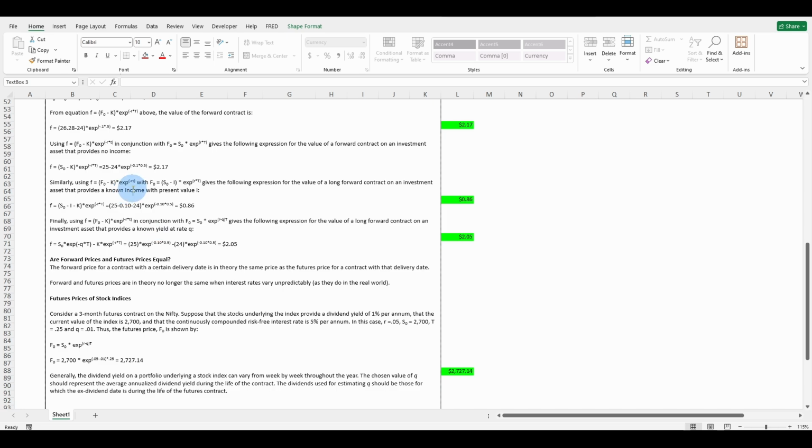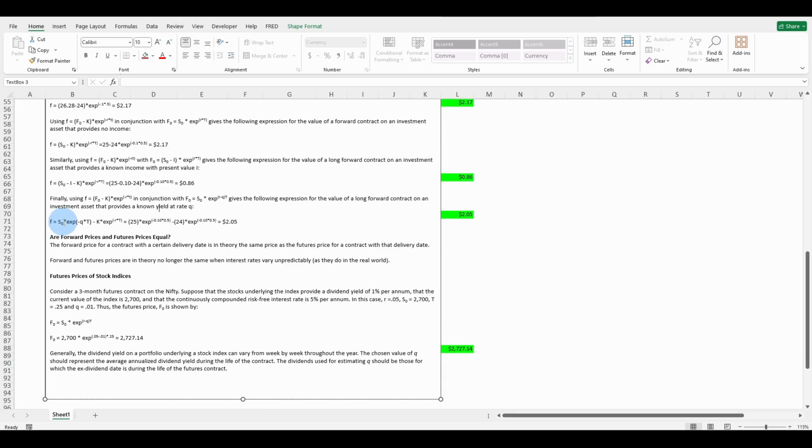I'm assuming this is dividend, and this would be interest income. f is equal to S of O EXP minus Q T minus K EXP minus R T, which is equal to 25 EXP 0.10 times 0.5 minus 24 EXP 0.10 times 0.5, equals 2.05. You can just take these formulas, they're right here.